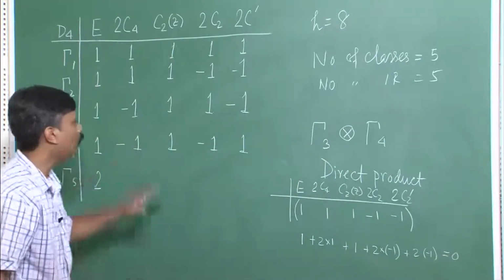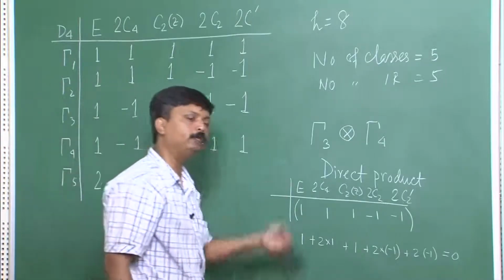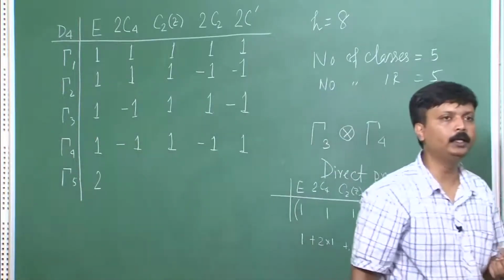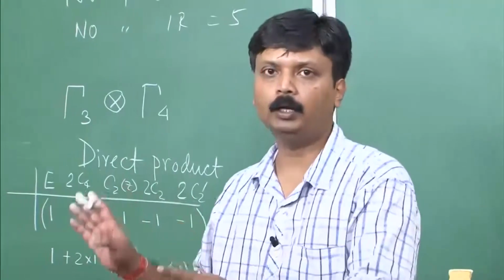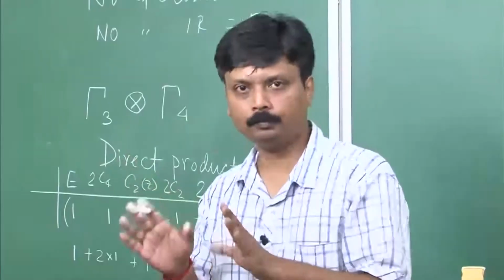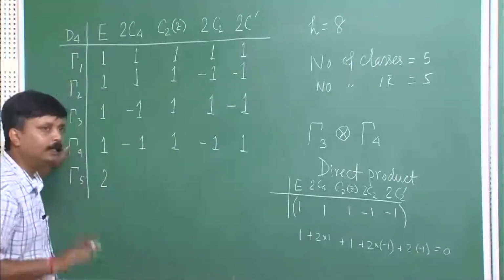This proves the orthogonality. You can take any two irreducible representations and verify this orthogonality relation between them, which is also telling you that whatever you have got for gamma 1 to gamma 4, they are correct.